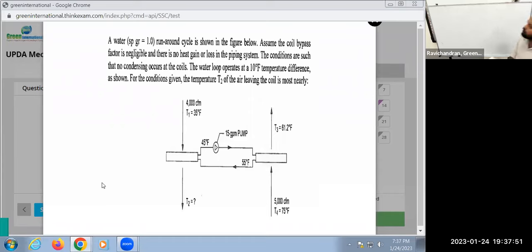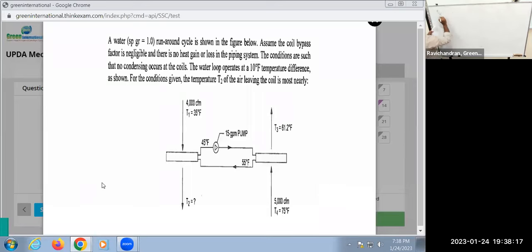So before solving this, please note these two formulas, very important ones to find the cooling load. If any heat transfer or any two temperature differences are given and they are asking for the heating load or cooling load, you have to use these two formulas.